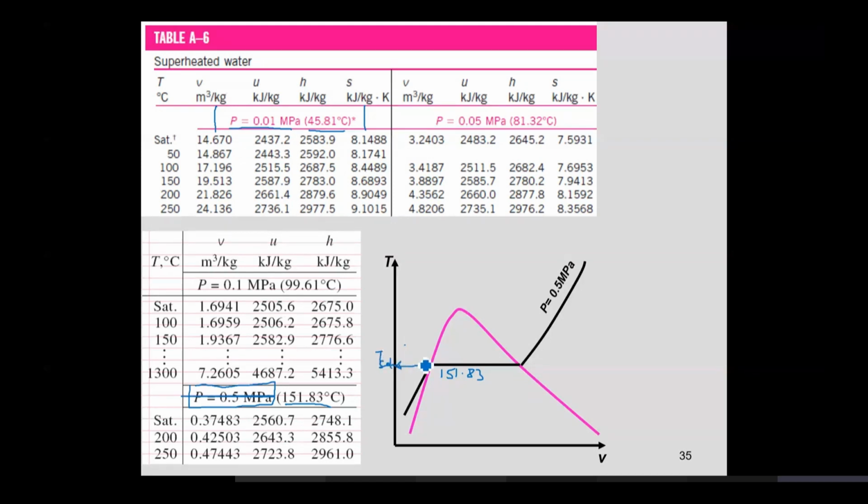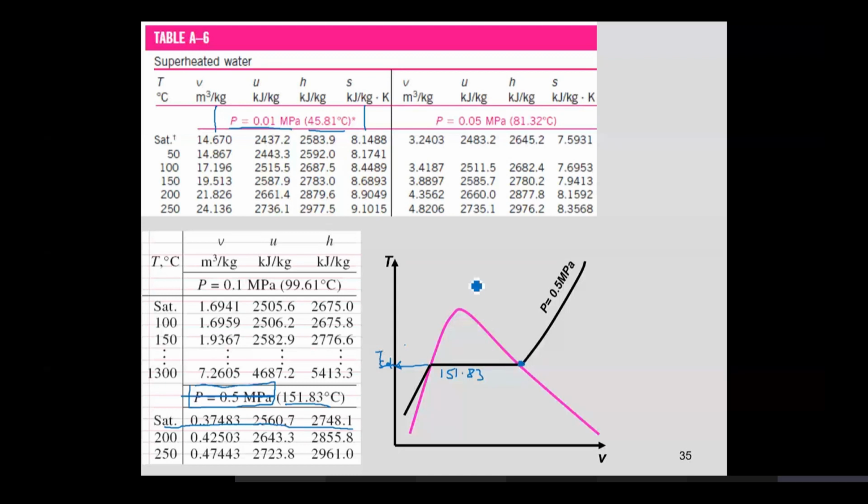All right. Yes, sir. Great. In every table, the first row would be the properties belonging to the saturation temperature, corresponding to this point, which is saturated vapor. Clear enough? Yes, sir.